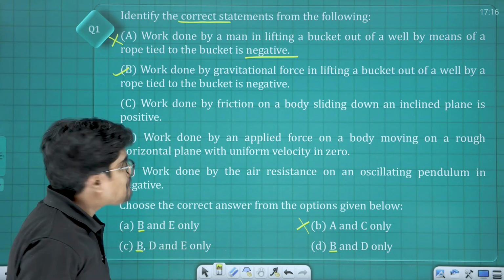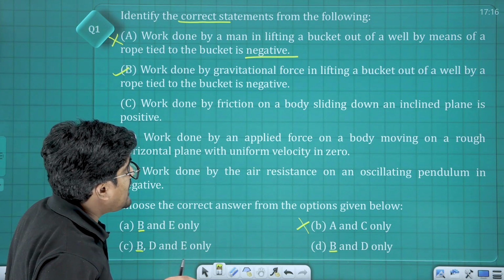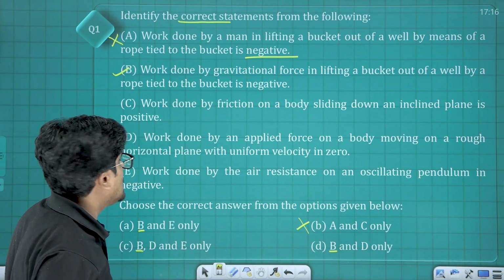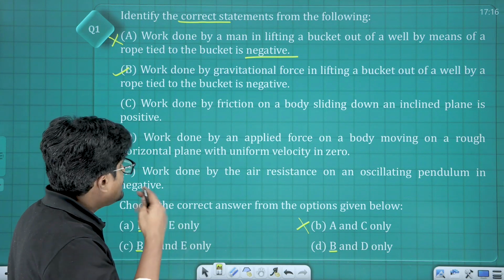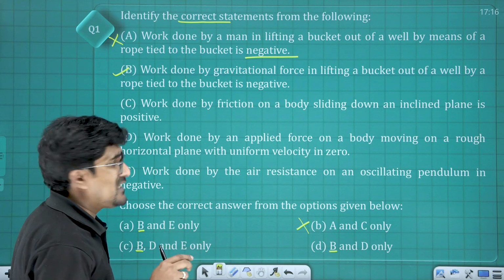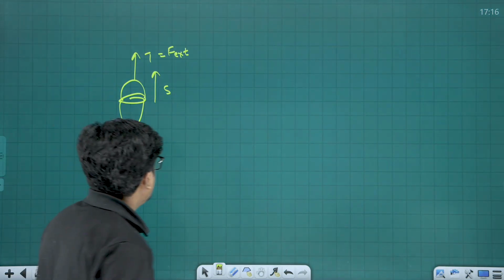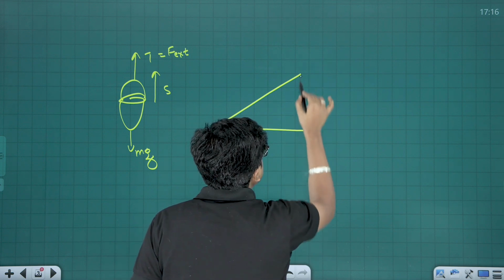Statement number C, work done by friction on a body sliding down inclined plane is positive. Okay, fine. Let us consider that. This is the inclined plane.